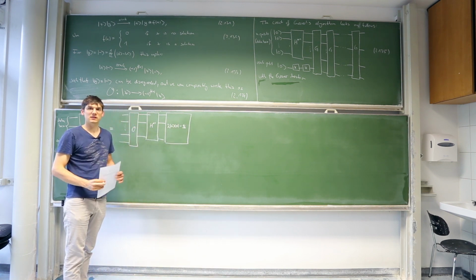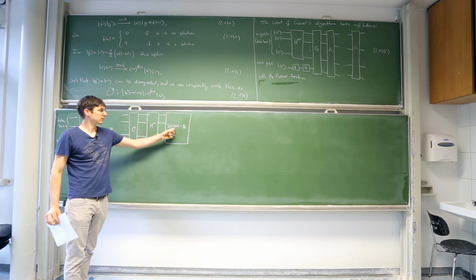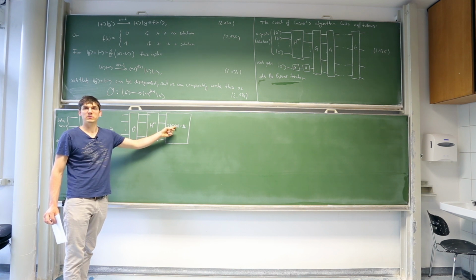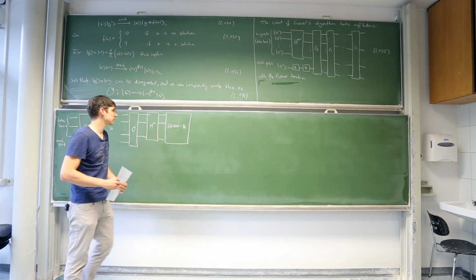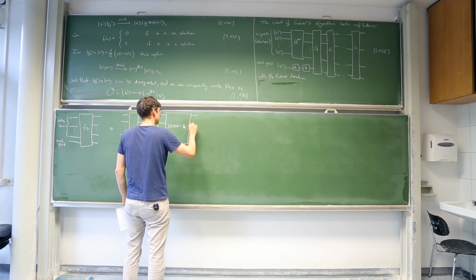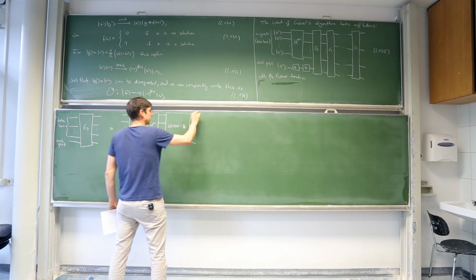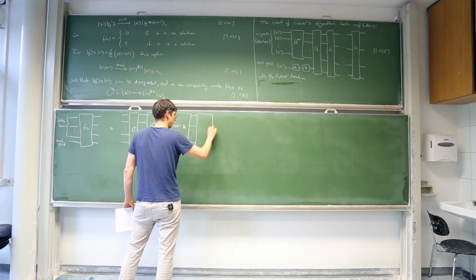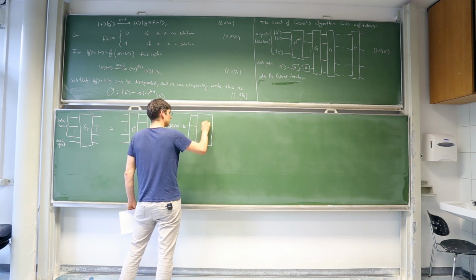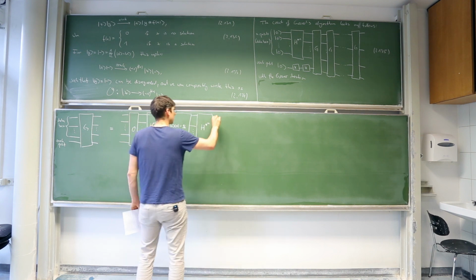What this does is it gives a phase shift of -1 to each basis state except for 0. For 0 it remains +1. That's what it does. We're going to see what this does in a second. And then we again do the Hadamard on each qubit, and that's it.